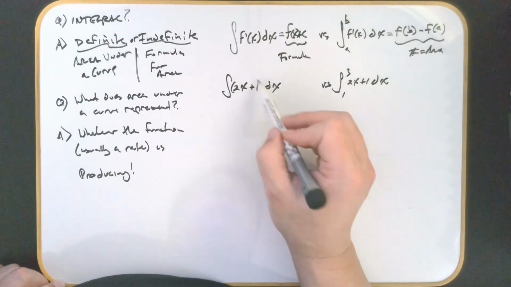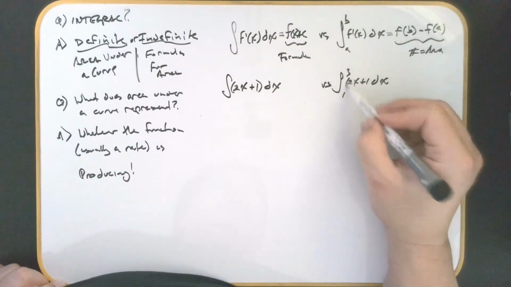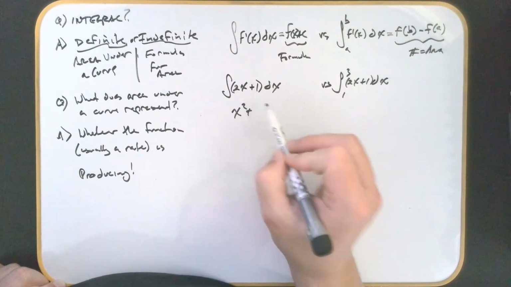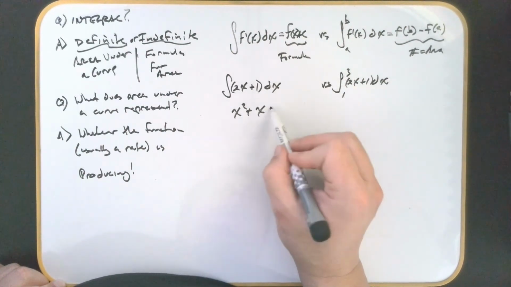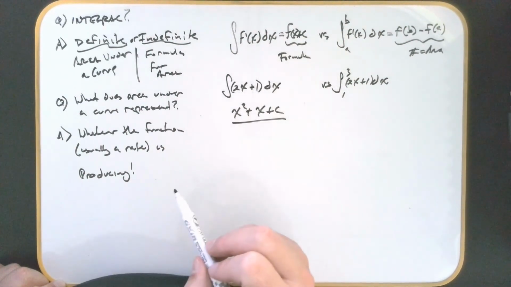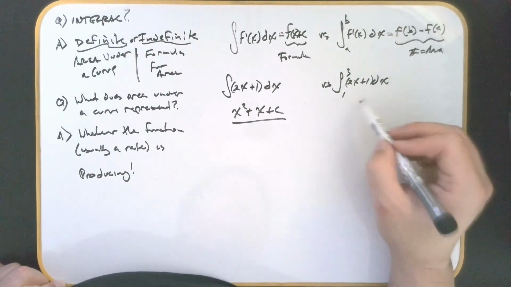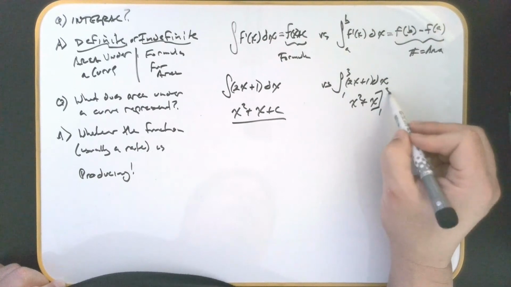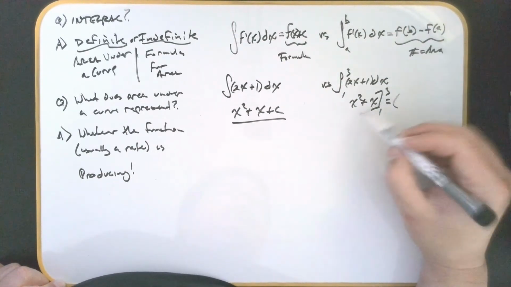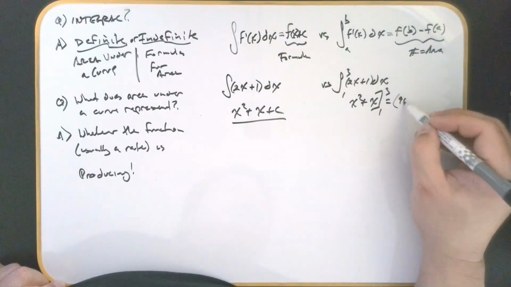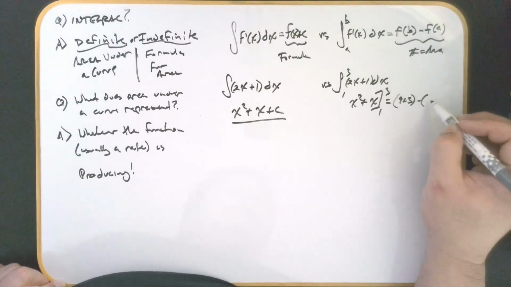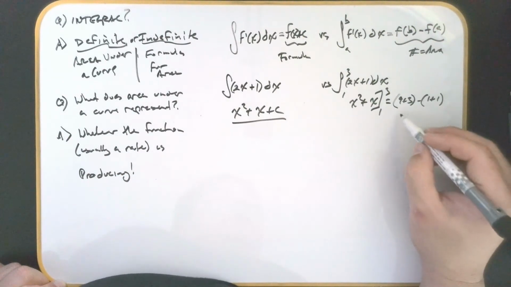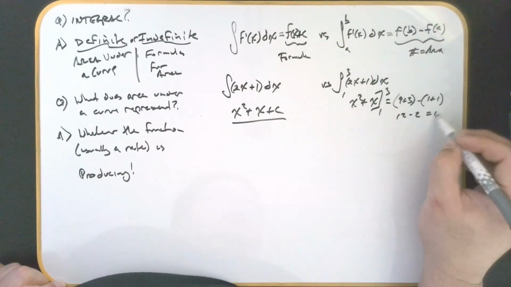Well, if you integrate 2x plus 1 with just our basic integral rules, we add 1 to our exponent, divide by our new exponent, and we get x squared plus x plus c. We get the formula for the area under the curve. On this one we get x squared plus x, but we're evaluating from 1 to 3, and we get 9 plus 3 minus 1 plus 1. So what do we get? 12 minus 2, and we get 10.